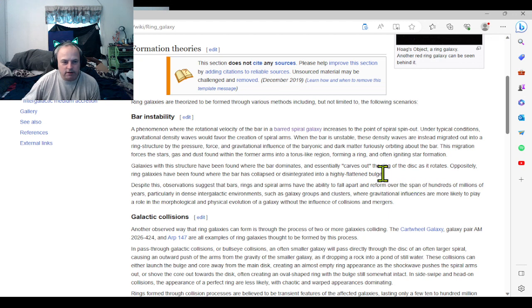Oppositely, ring galaxies have been found where the bar has collapsed or disintegrated into a highly flattened bulge.